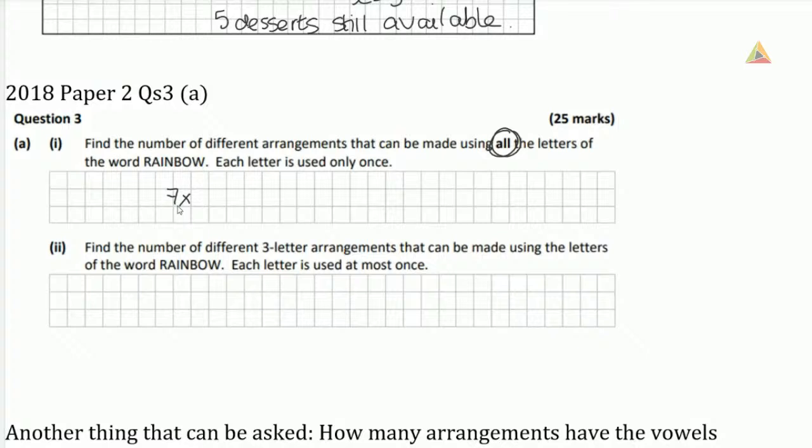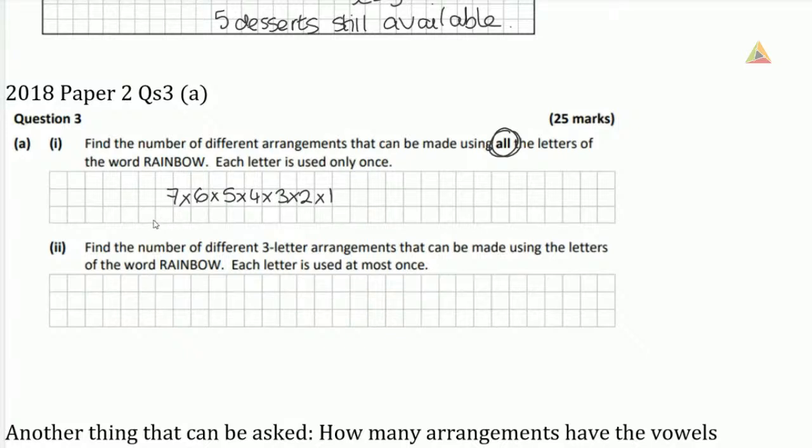Now we've used one of those letters. It might not be the R, so R is at the beginning at the moment, but we could pick any of those 7 letters. Once we've used one of them, we have 6 options left. Then we've used 2 of them, so we have 5, and then 4, and then 3, and then 2. When we've put down 6 letters, we'll only have 1 letter left, so we've only got 1 option for the last letter that we place.